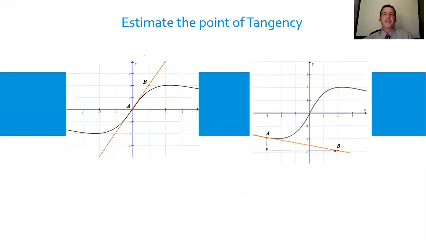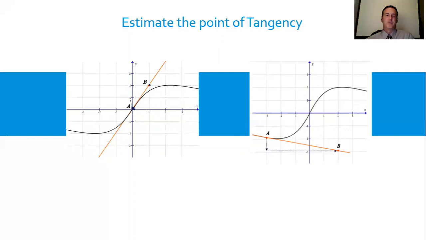All right, estimate the point of tangency. So here's what you got. You have this nice curve here, and they ask you to estimate the point of tangency at A. And what's cool is they draw that line in for you, so I didn't have to make some strange attempt to do it. What you've got to do is estimate the slope. As I look at this, notice that B is already identified on a nice coordinate, 1, 2.